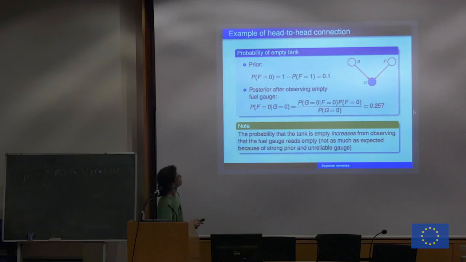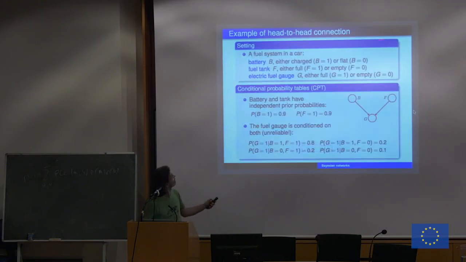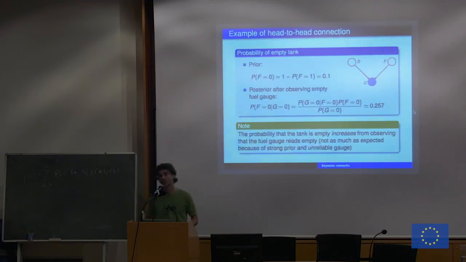The probability of the fuel tank being empty given that the gauge reads empty goes up with respect to before. Before it was 0.1, now it goes up to 0.26. Not much, because the gauge is very unreliable, but it goes up because you have evidence telling you that probably there is no fuel.